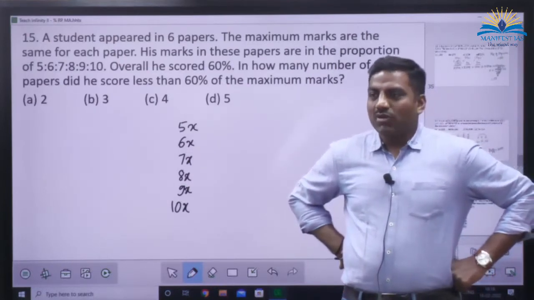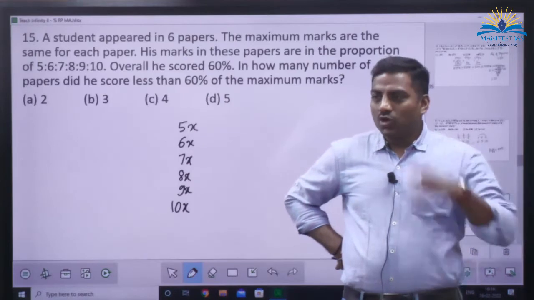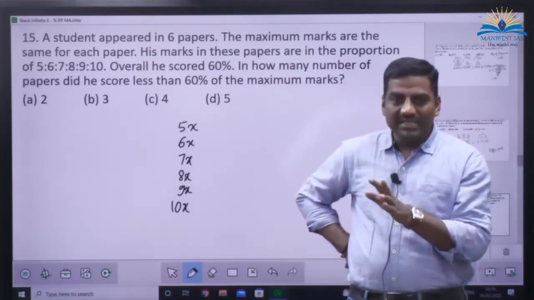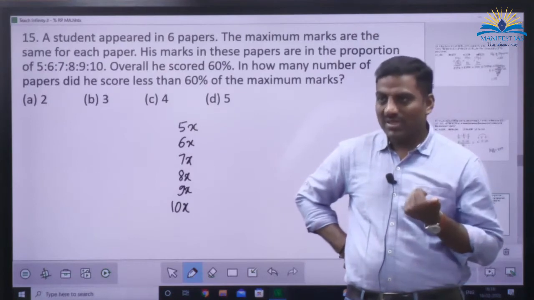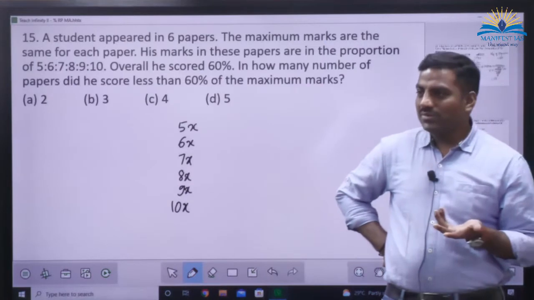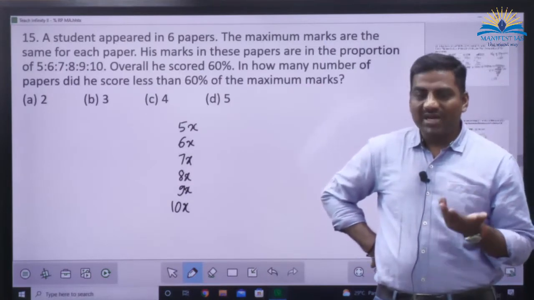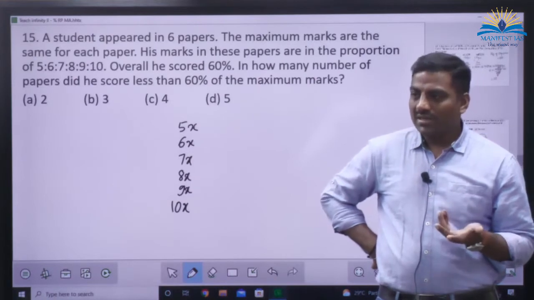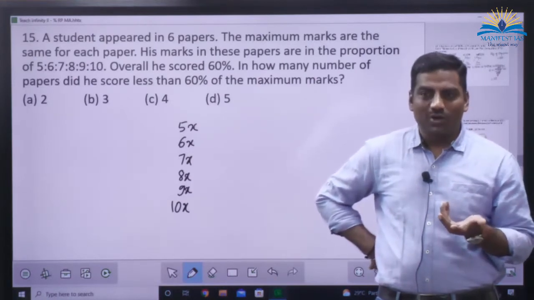If you calculate percentage, those many numbers are divided by 600 into 100. The 00 get cancelled, divide by 6. If I ask you average, again the same, divide by 6 only. So whether it is average or percentage, it is the same thing, because we are comparing everything to 100 only.